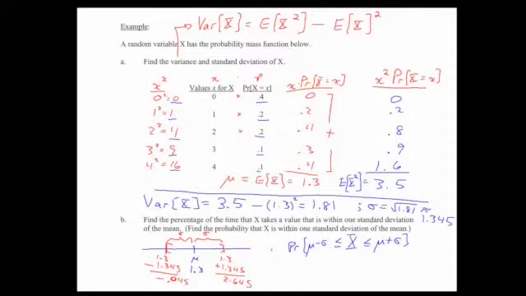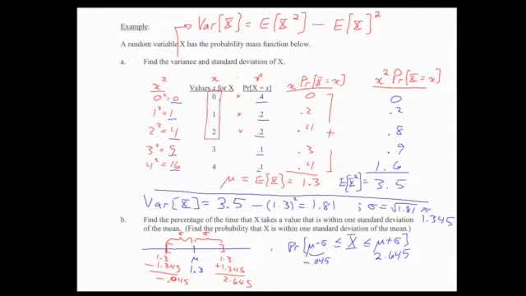Okay, well this quantity here was negative 0.045 when we performed that subtraction, and this was 2.645 when we added that together. Which values of x fit within that interval from minus 0.045 up to 2.645? Well, the 0, the 1, and the 2 are in that range.